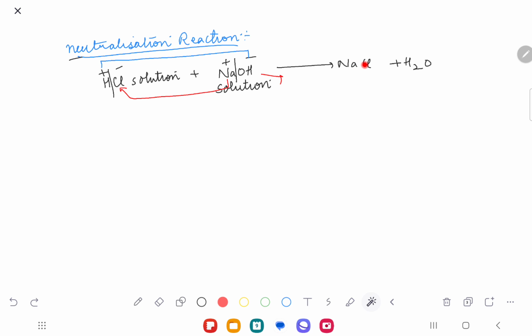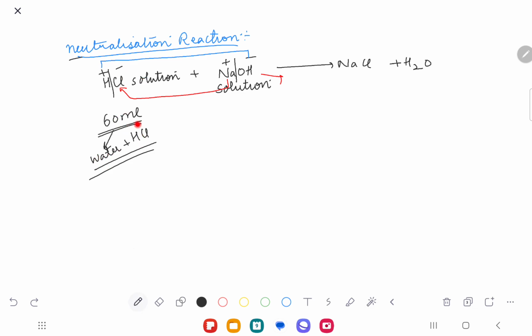So when positive goes with negative, this is going to be my neutralization reaction. So let's suppose I have the HCl solution as a 60 ml solution. You understand that this 60 ml solution has some water as well and some HCl as well. Both of them add up to form the solution.